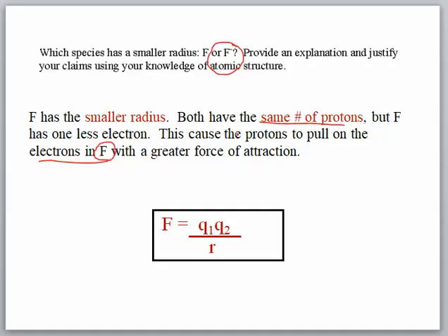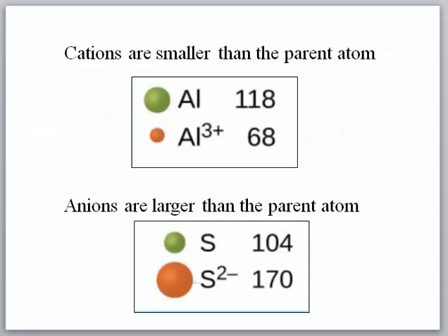The fluorine atom has a smaller radius, and the fluoride ion has a larger radius. As a general rule, cations, positively charged metal ions, are always smaller than the parent atom because they have more protons than electrons. And anions are always larger than their parent atom because they have more electrons than protons.